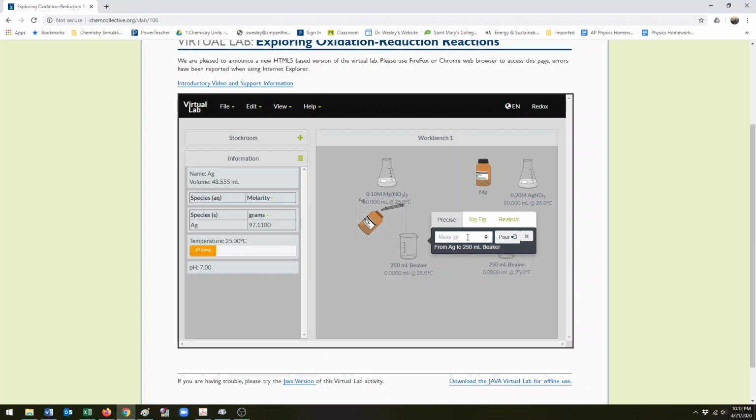We have a 0.1 molar solution of 50 milliliters, so that is a 20th of a liter and a 10th of a mole. So we're talking about something on the order of a 200th of a mole. If we have maybe 10 or 20 grams, we should be way over what we need. So I'm just going to drop about 20 grams in here just to have excess metal for this reaction.